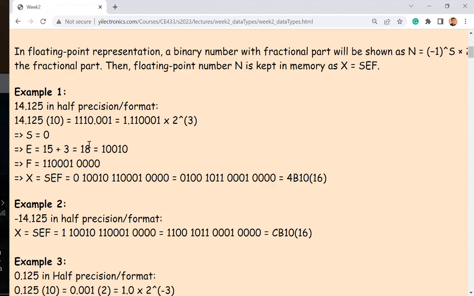No. Binary point. Yeah, I mean, like the point. Yeah. That's what I mean. So the goal is you have to form a 10-bit binary number for F. So if you don't have enough bits, for example here, how many bits do you have for F? 6.